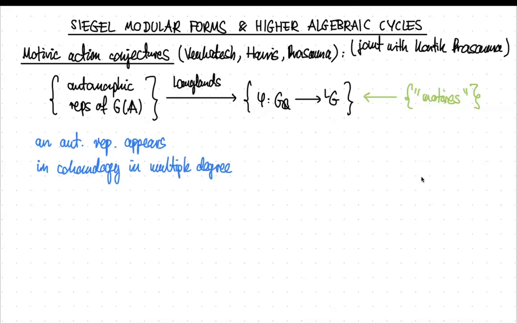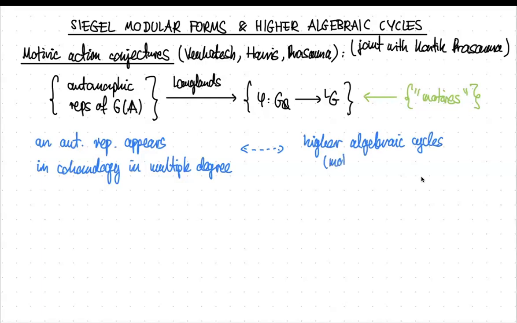And the conjectures connect this observation that's purely on the automorphic side to higher algebraic cycles. So something close to subvarieties of varieties, and the higher, I'll explain what that means in a little bit.